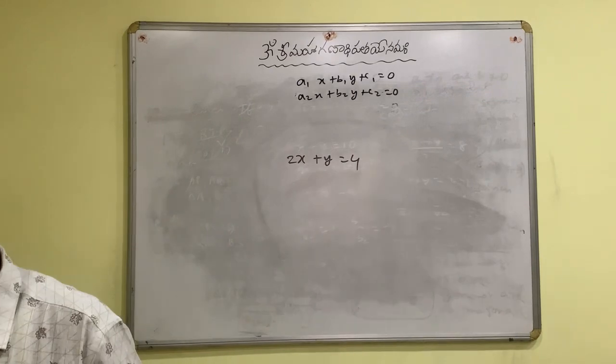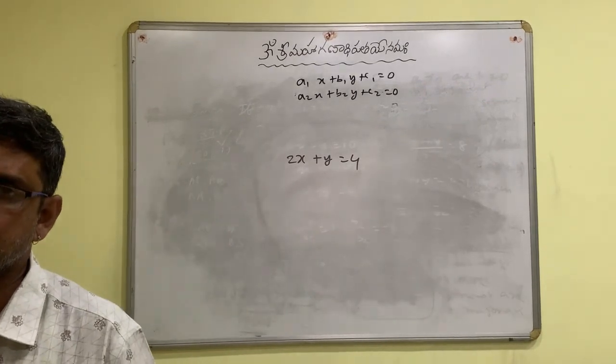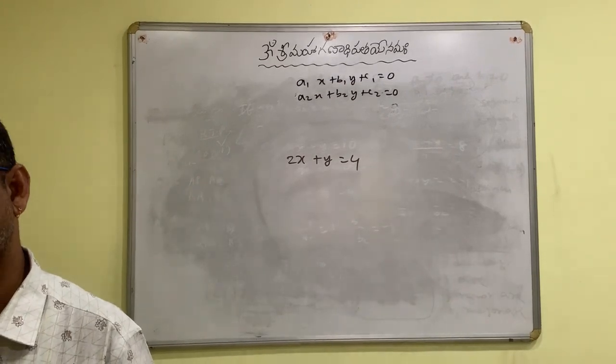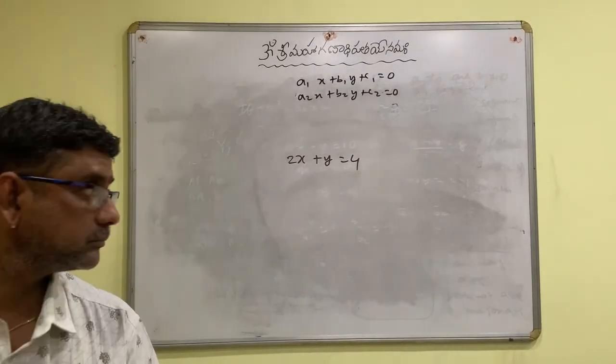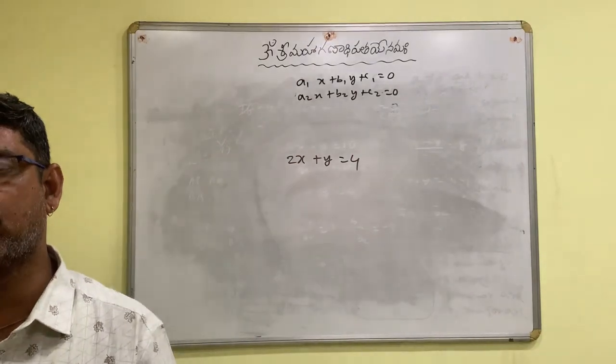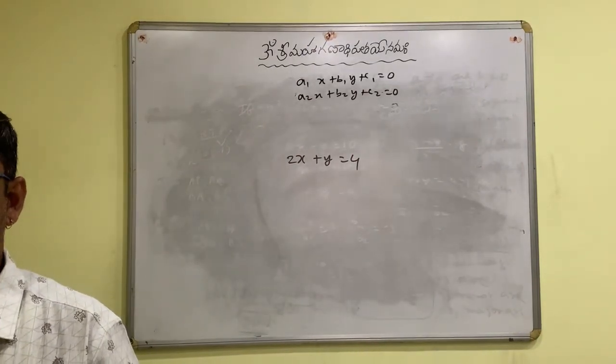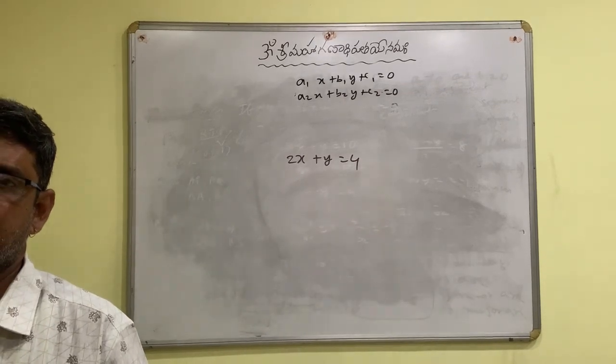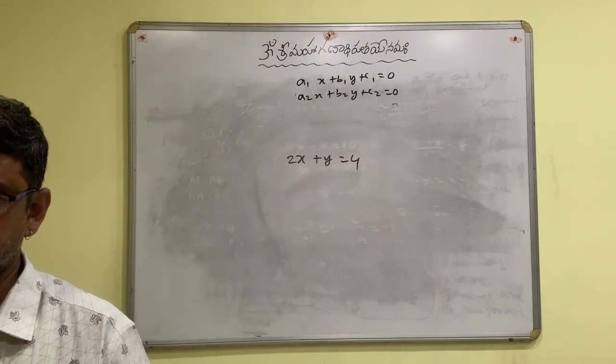Independent pair. 2x plus y is equal to 4 is one equation. You need to write another equation such that that pair forms an independent pair.